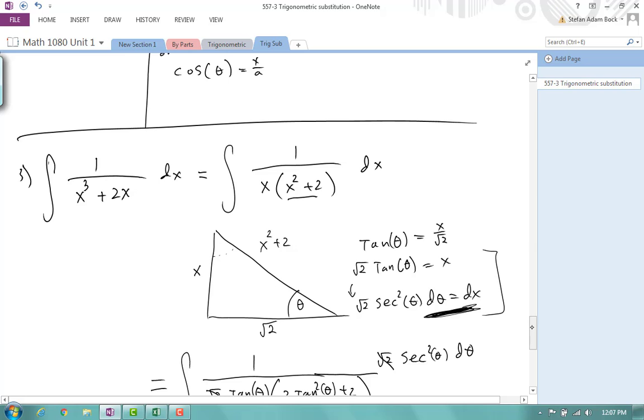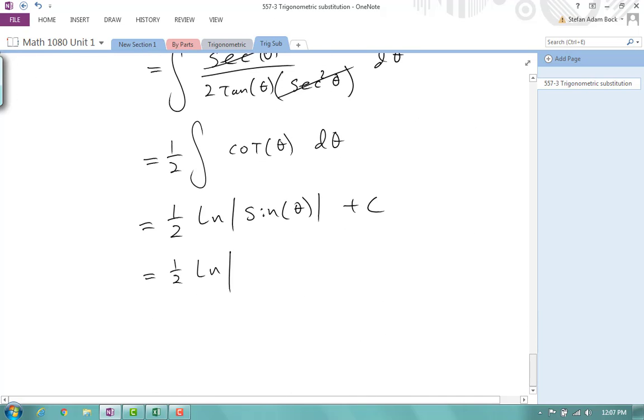I don't know what the sine of theta is. I haven't found it yet, so I'll go here. Opposite over hypotenuse is sine, so I'll have x over the square root of x squared plus 2. And that's what it is to do trig substitution.